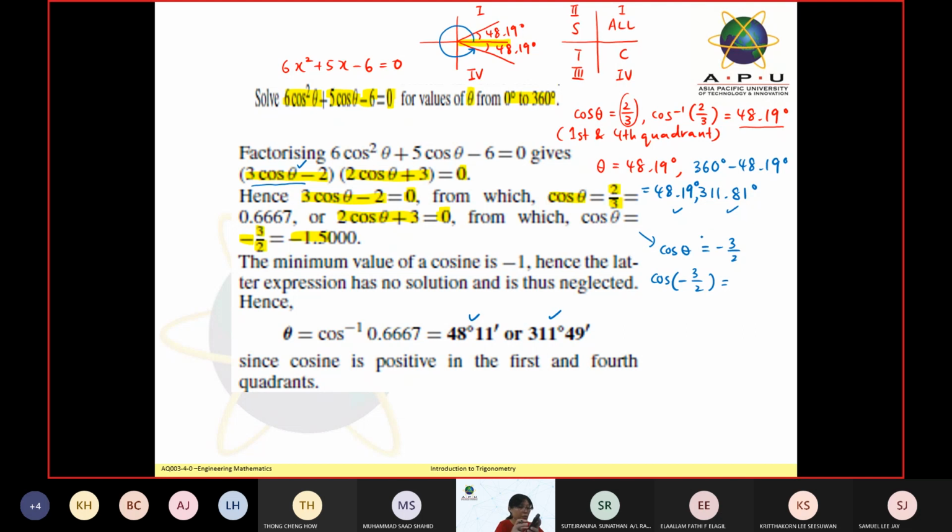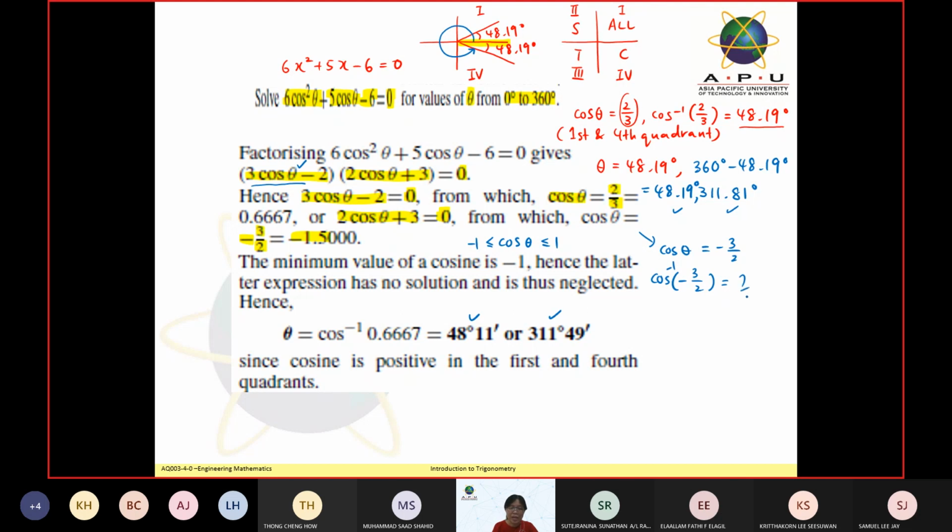So why can you not find the answer? For cos theta, the range is from -1 to 1. What you have here is -3/2, which is outside of the range. So it's not possible to have cos theta equals -3/2, which is why you get a math error.